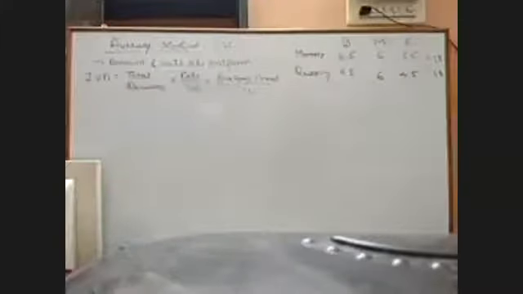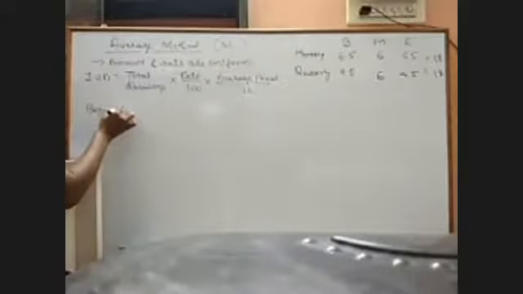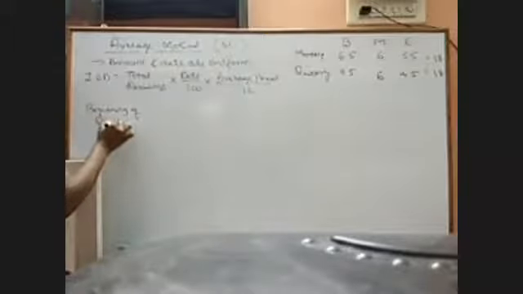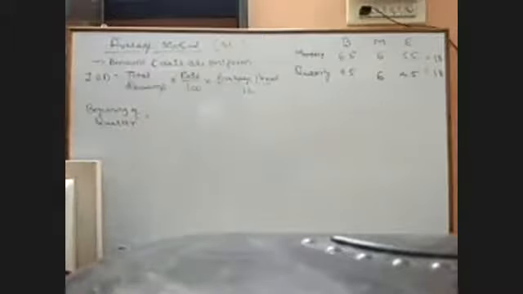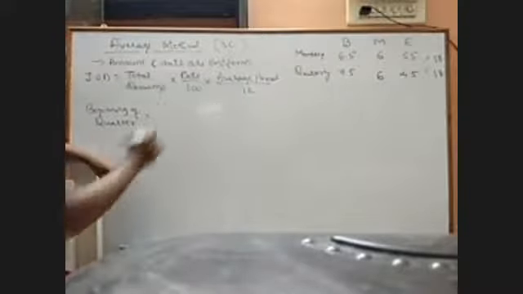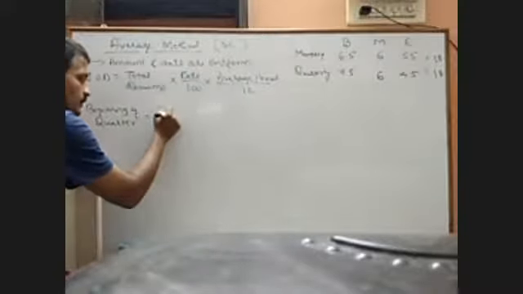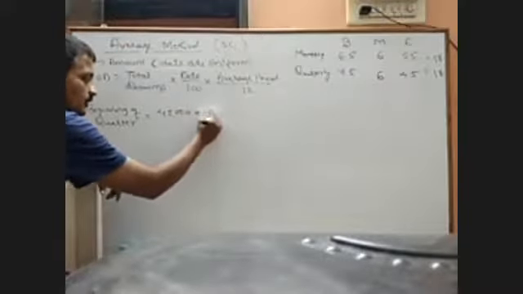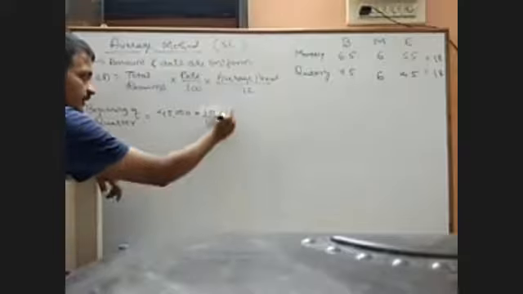I hope you have noted down. Now, next, first we need to write beginning of quarter is equal to total drawings. He has already given us in the problem, that is 48,000 into the rate also he has given, that is 10 by 100.